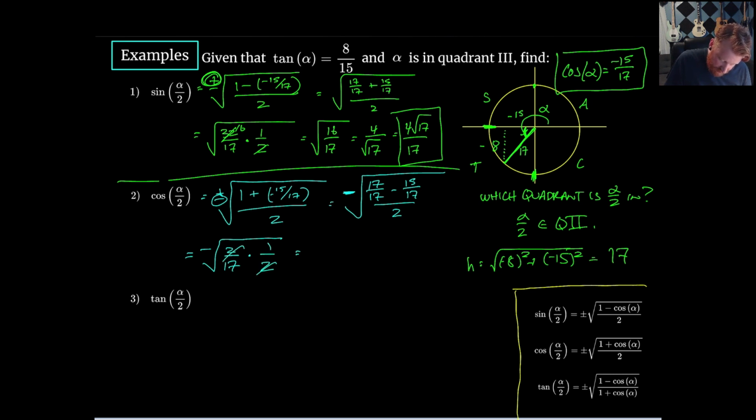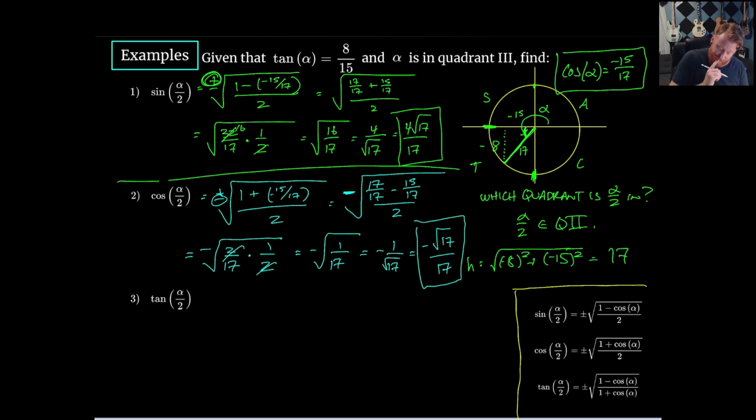Then those 2's will cancel, and we've got the negative square root of 1 over 17, which is going to be negative 1 over the square root of 17. And if I rationalize that denominator, we'll have negative square root of 17 over 17. So there is our cosine of alpha over 2, negative square root of 17 over 17.